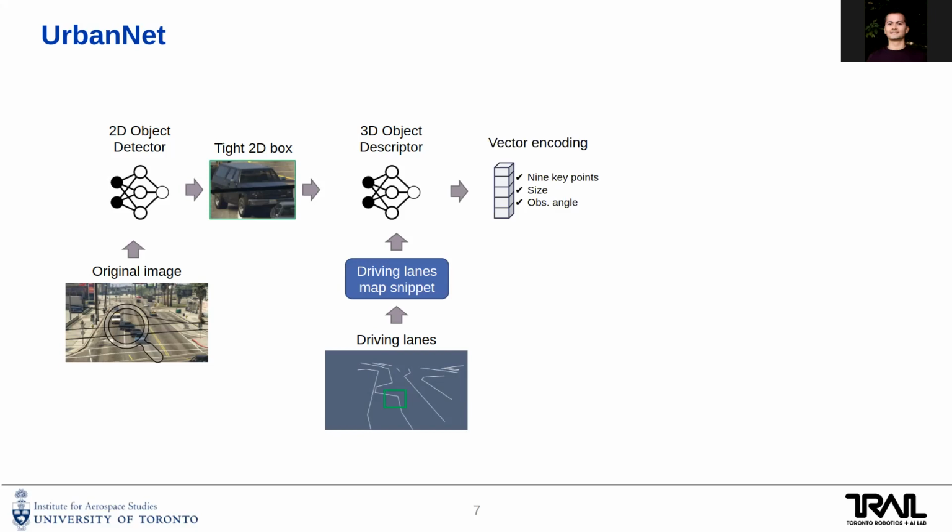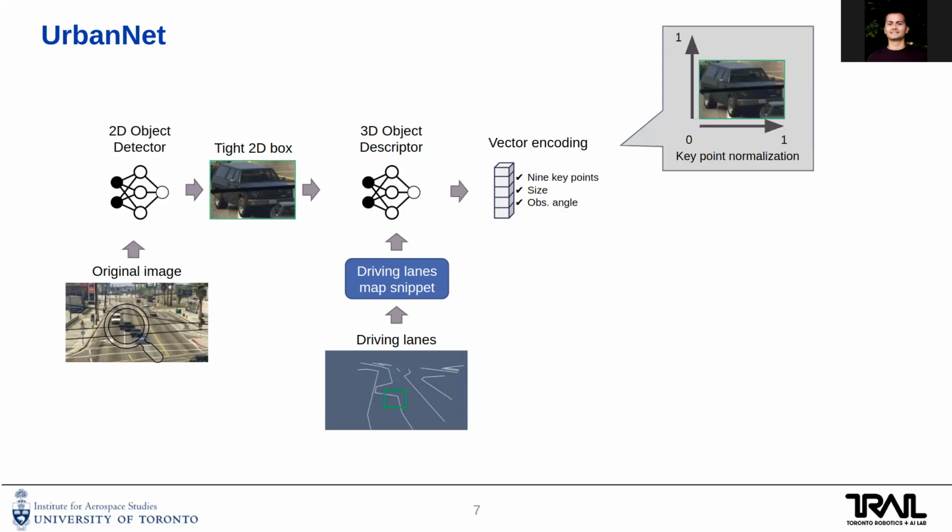This model in turn outputs a vector encoding that includes the 9 key points in image coordinates, as well as the size and observation angle of each vehicle. These 9 key points are normalized in a range from 0 to 1 using the width of the image snippet to scale the values.